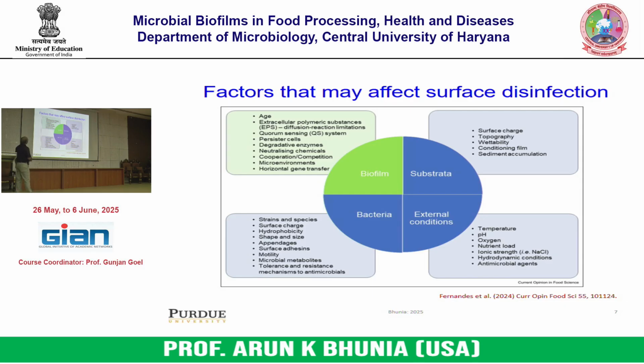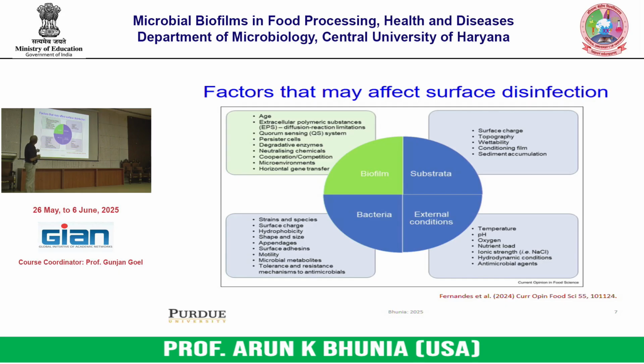Factors that may affect surface disinfection. We are trying to kill microorganisms, right? If a biofilm forms, of course, that may affect it, depending on the level of biofilm formation, what type of substrate you have, the type of microorganisms you have, and the external conditions. I didn't mention all of these factors, you can look at them.